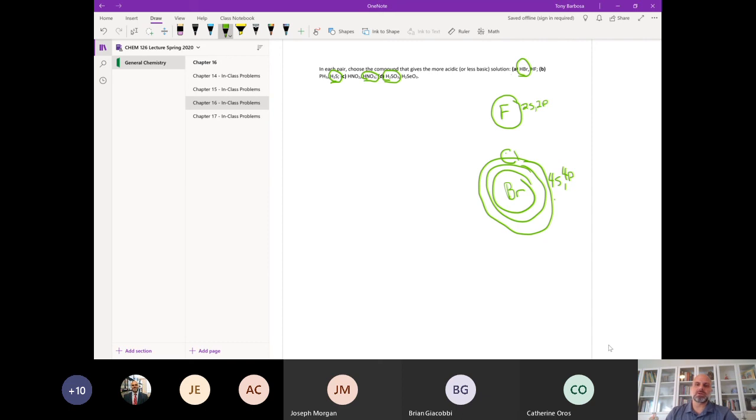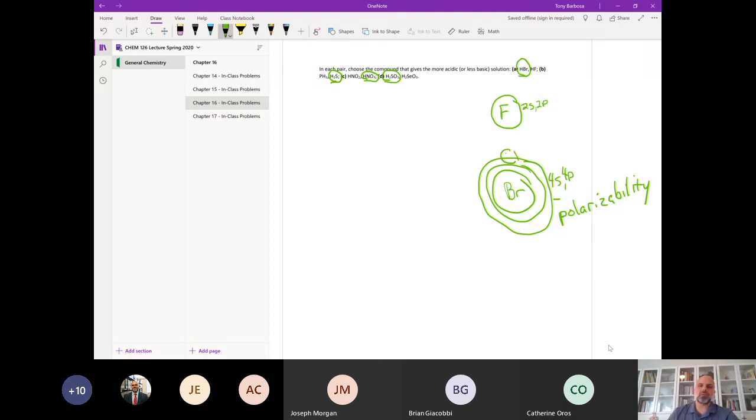When you have that extra negative charge, it's going to be distributed over a larger surface area. So the bromine is what we talked about, what was called polarizability. The bromine was more polarizable.